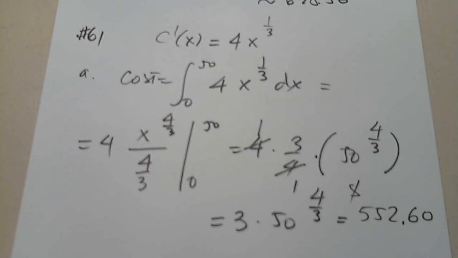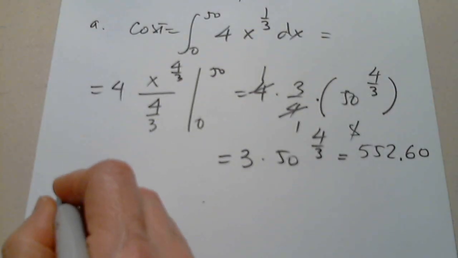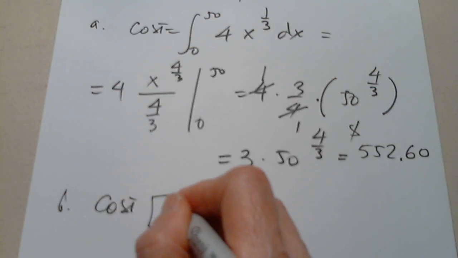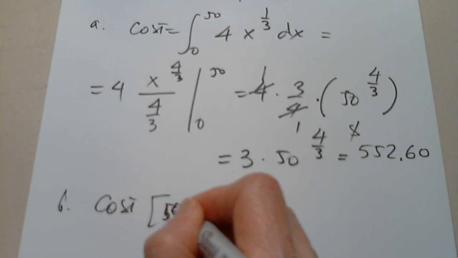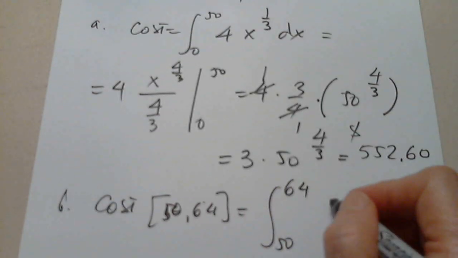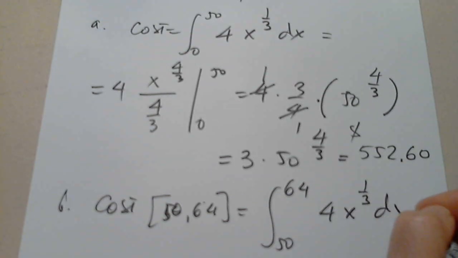And I'm sure that you probably don't get the exact same error. You're getting a minor different error. Okay. Find the cost of installing an extra 14. An extra 14 means from 50 to 64. So for the extra 14, cost from 50 to 64 will be the integral from 50 to 64 of 4x to 1/3 dx.